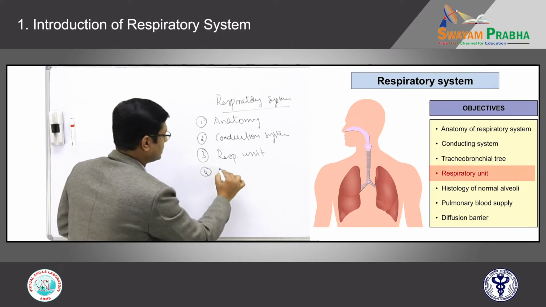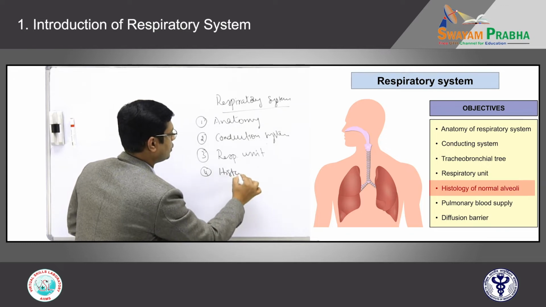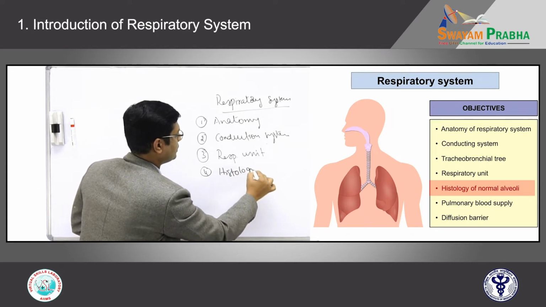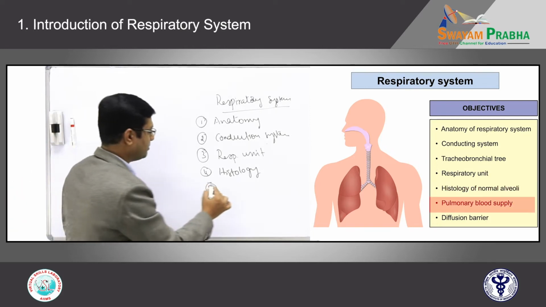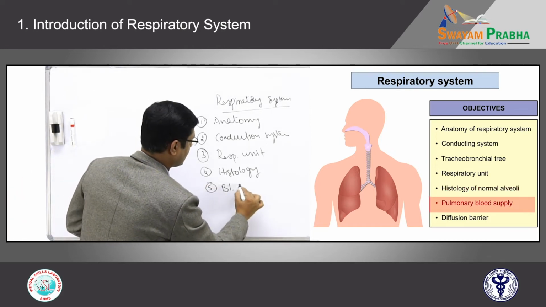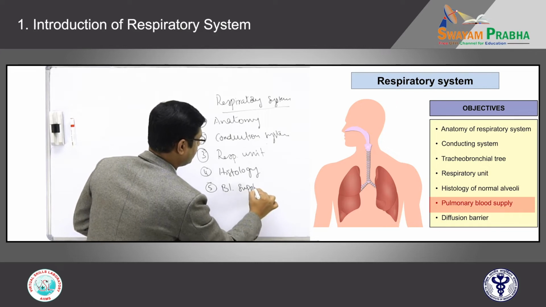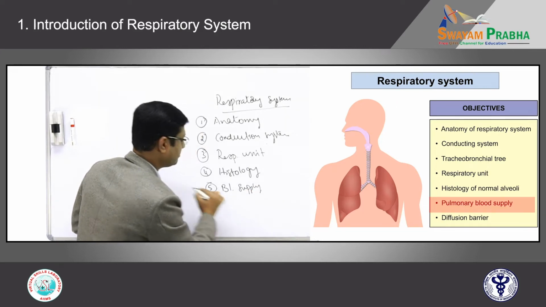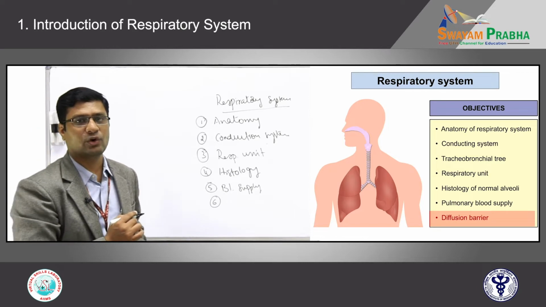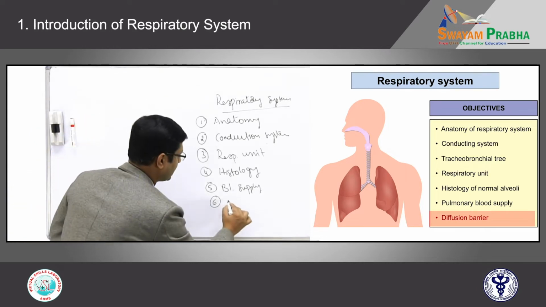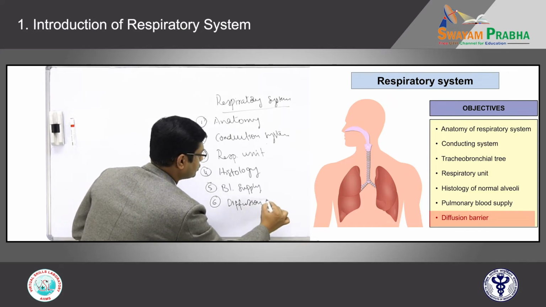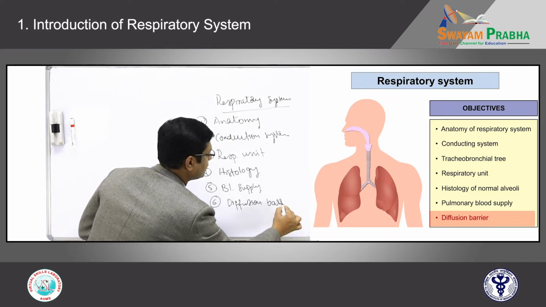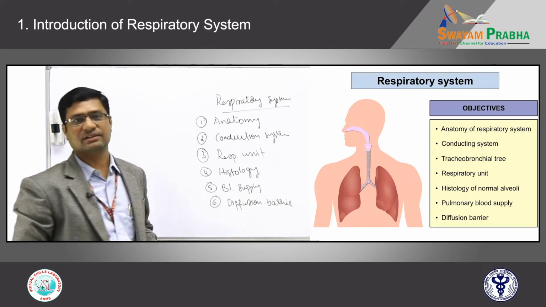We will see the normal histology of all the structures of the respiratory system. We will see the basic blood supply of the respiratory system, and finally we are going to learn about the diffusion barrier, where exactly the diffusion of gases takes place. That is called the diffusion barrier. What exactly it is, right?